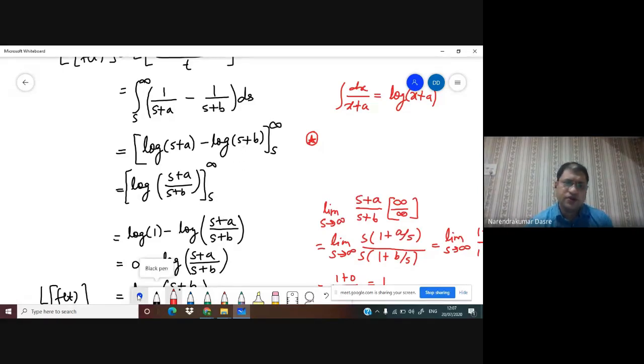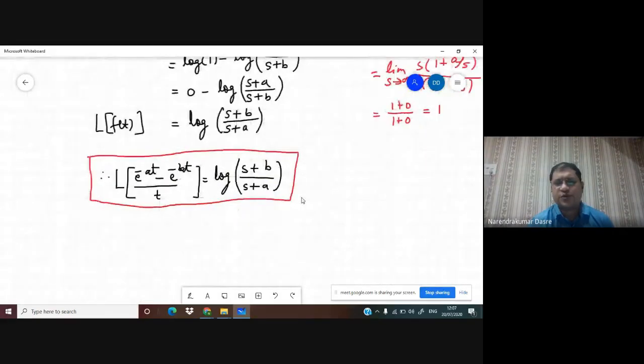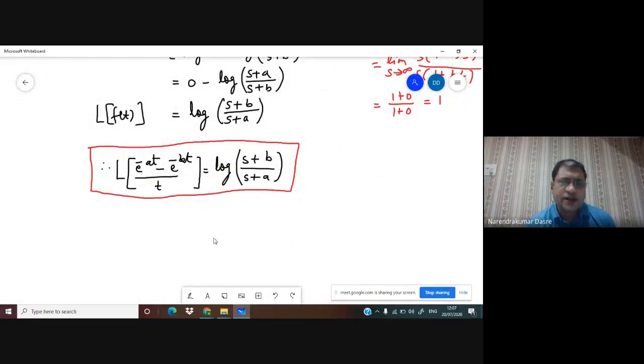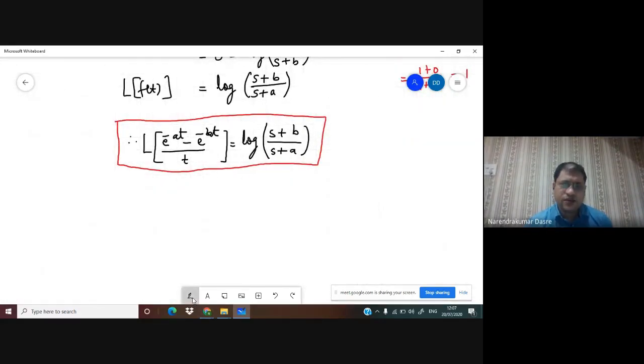So you have to be very careful, and once you pass this and simplify the expression properly, you are able to get the correct answer. So here we got the answer.